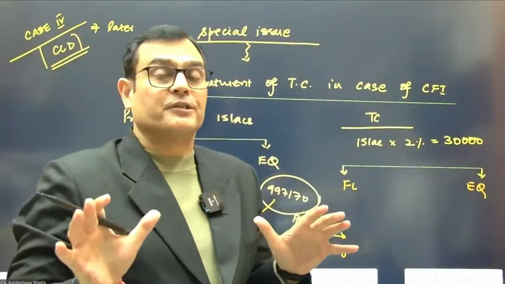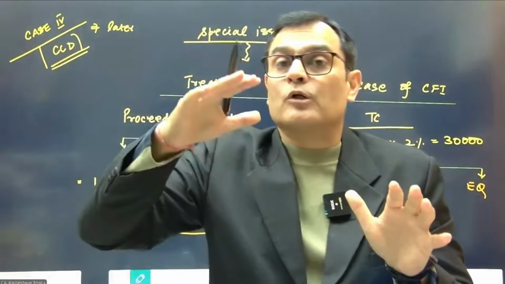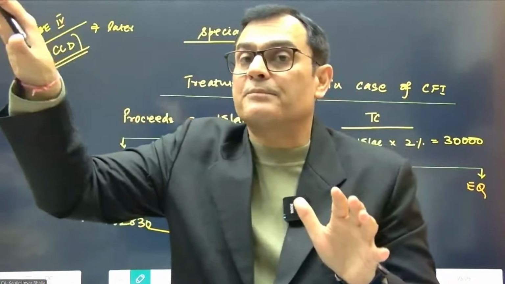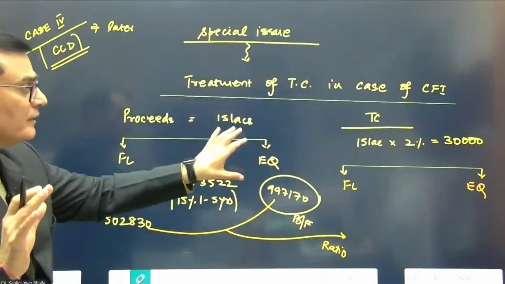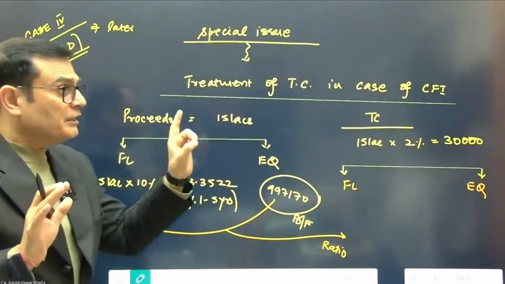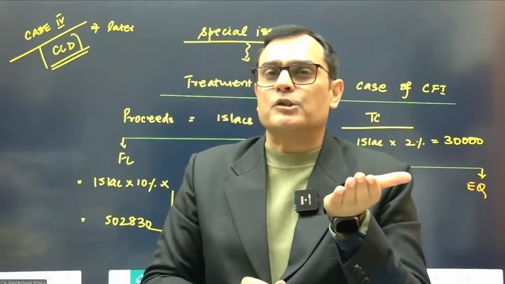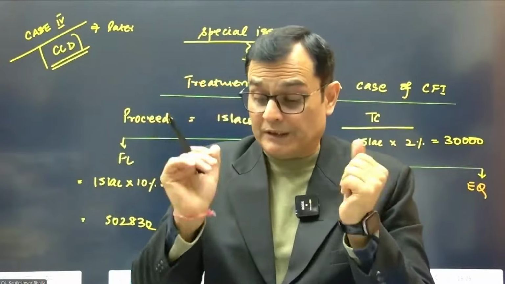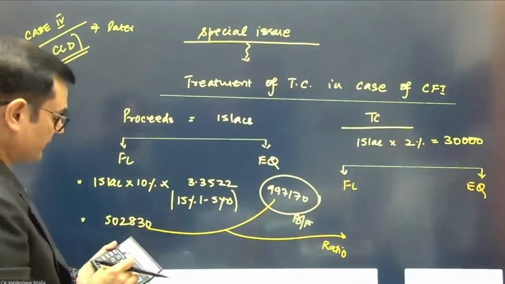Right now, I'm just giving you the treatment of a TC at the inception. We also need to see the treatment on a subsequent level as well. So in this particular case, once you get the split accounting, you need to divide this transaction cost between how much relates to FL and how much relates to equity in the ratio of this money. Let's divide this.